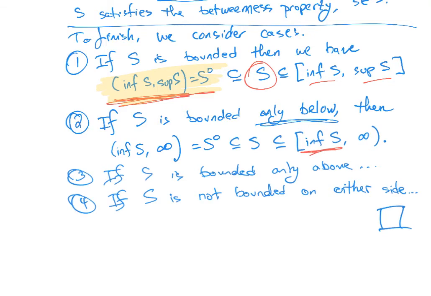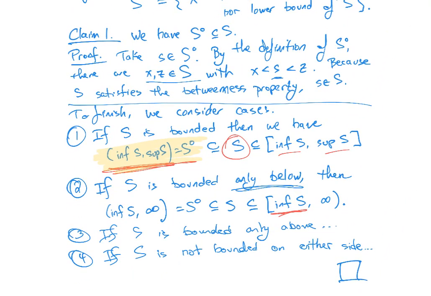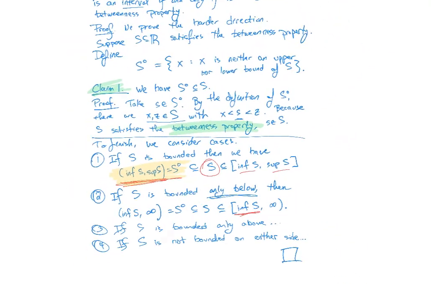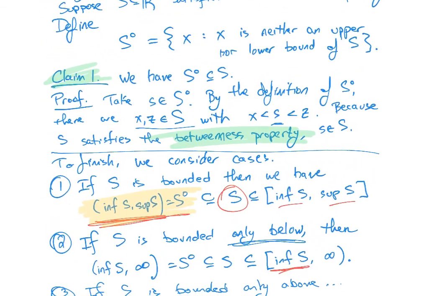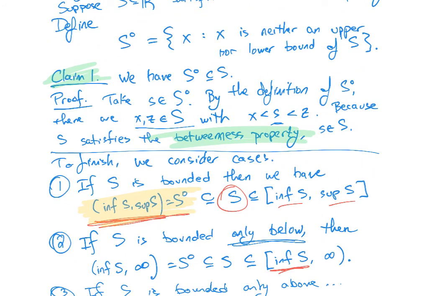So we use the betweenness to get the less than or equal to? No. So we already used betweenness in the proof of the claim. Up here. That's the only place we use it. Wouldn't we have to use it, because everything being between the infimum and supremum doesn't mean that there aren't necessarily gaps, but the betweenness guarantees that there aren't gaps, right? Actually, not. The definition of S° is what I'm getting this from.